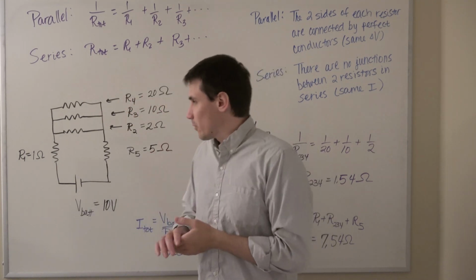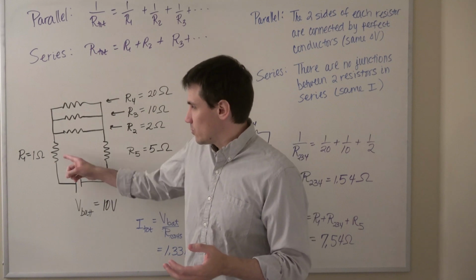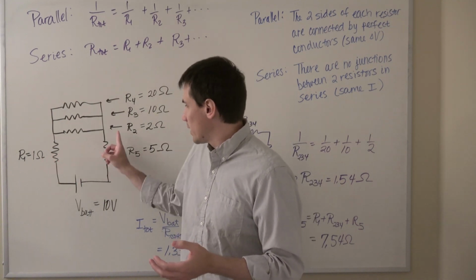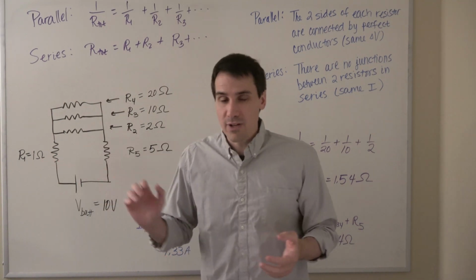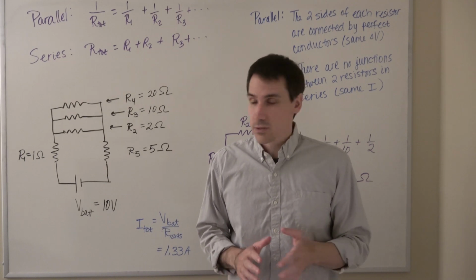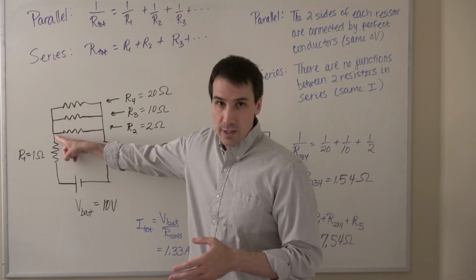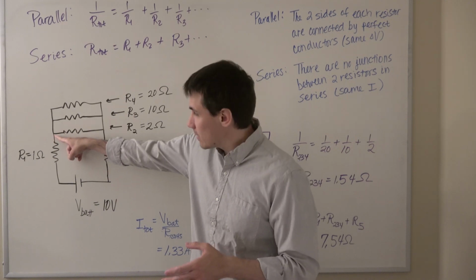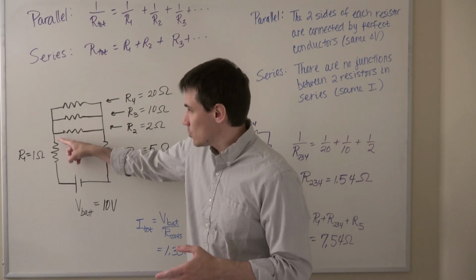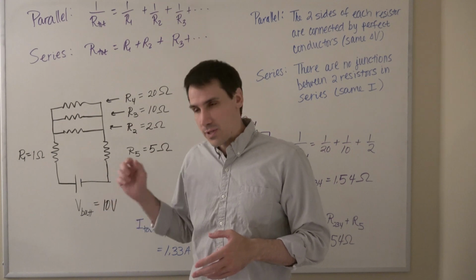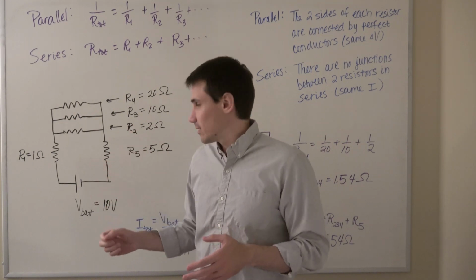So, for example, it would be a bad idea to start with R1 and R2. I don't have a good way of combining these two resistors because there is a junction between them, and the two sides of the resistors are not connected by a conductor.